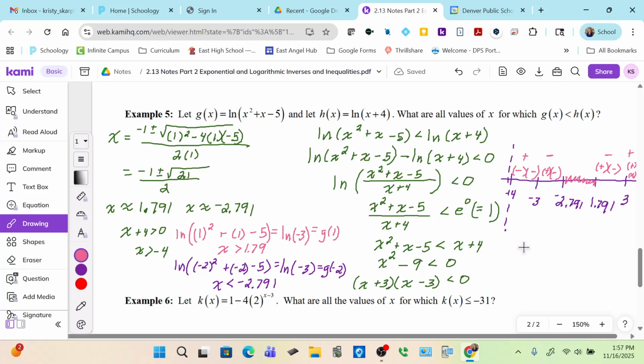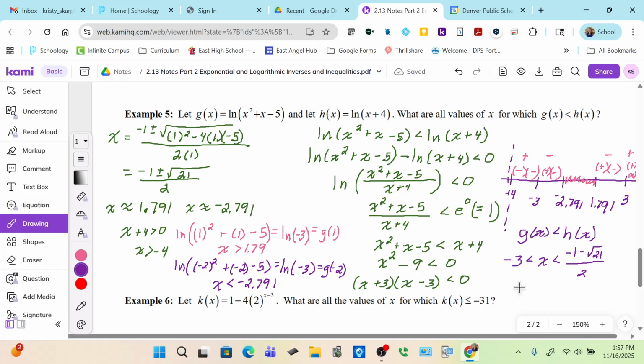So my solution to this will be that g of x is less than h of x when we're looking for those negative intervals. So from negative 3, x is less than, I'm going to use the exact form of this negative 2.791, which is negative 1 minus the square root of 21 over 2.